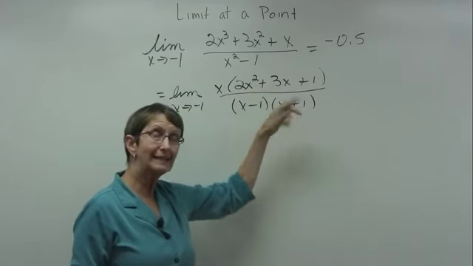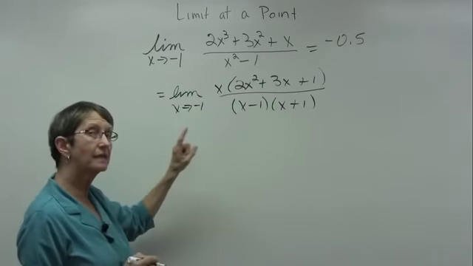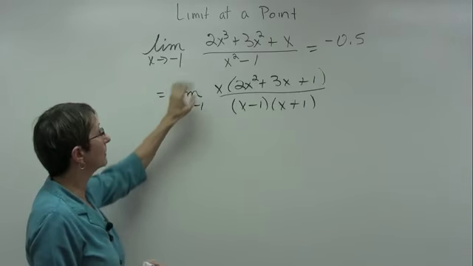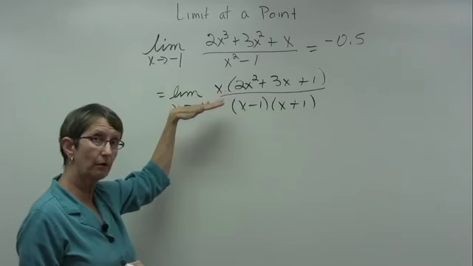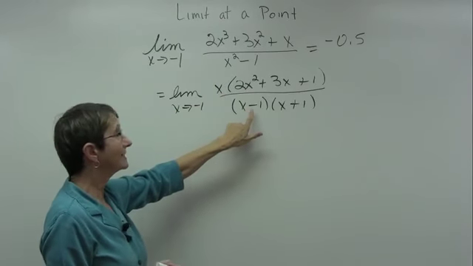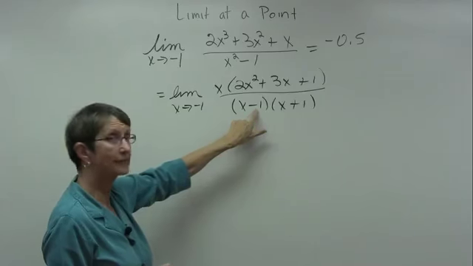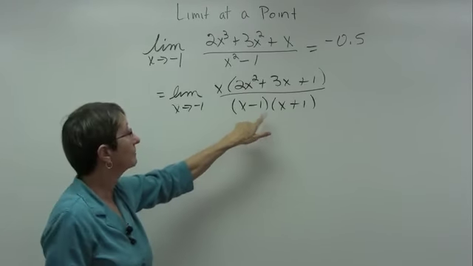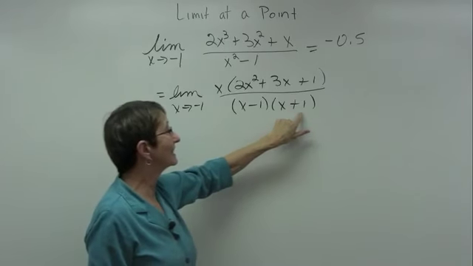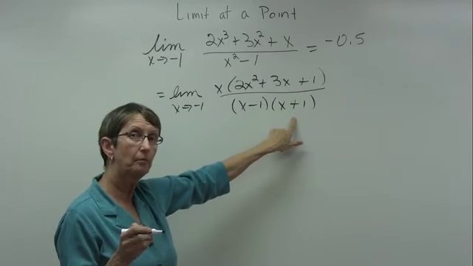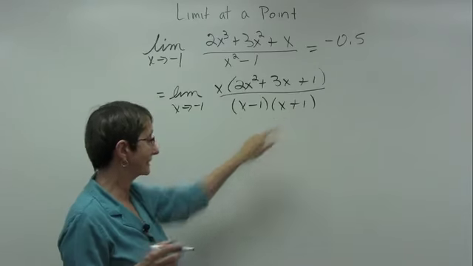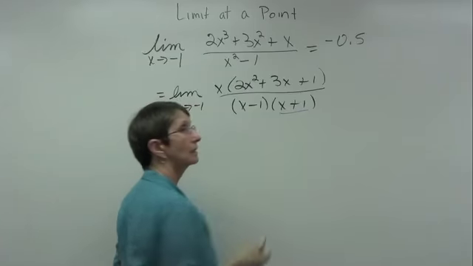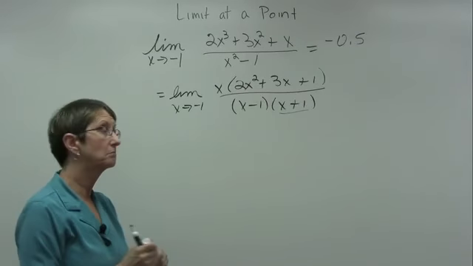This is a quadratic, so you should be able to factor that, but let's think about something else. As x approaches -1, remember when I plugged in and I got a 0 on top and a 0 on the bottom? If I plug -1 in here, x minus 1, -1 minus 1 is -2. That's not a 0. But if I plug -1 in here, this gave me a 0 on the bottom. That means that factor should also be in the numerator because I got a 0 in the numerator.